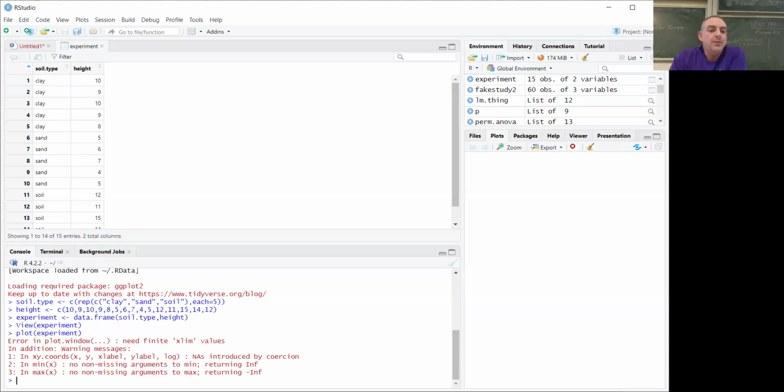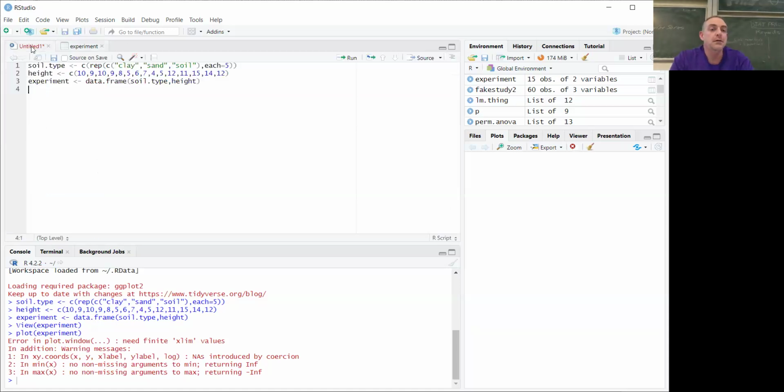Okay, and then presumably I can do an ANOVA. Let's see. Height versus soil, I shall call it, so that I can remember what it's called.